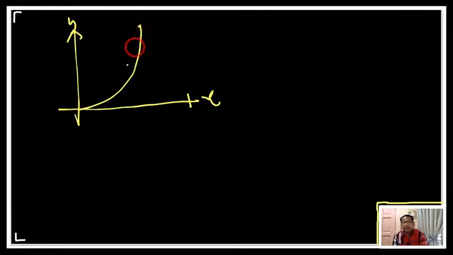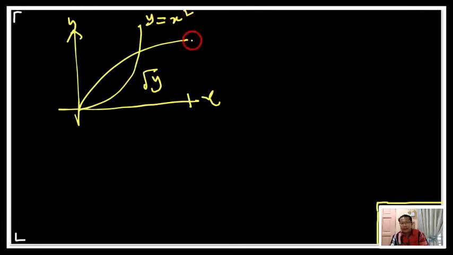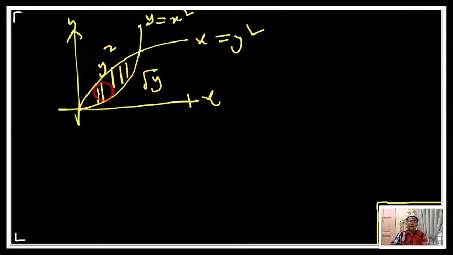You have y, you have x, y equal to x squared. This one, okay, the right function minus left function. So right function now becomes square root of y. The left function, because this one is y equal to x squared, this one x equal to y squared, you don't have to do anything. So this one is y squared. You need to find the region, but now you want to integrate y. You should get the same answer, but different technique.